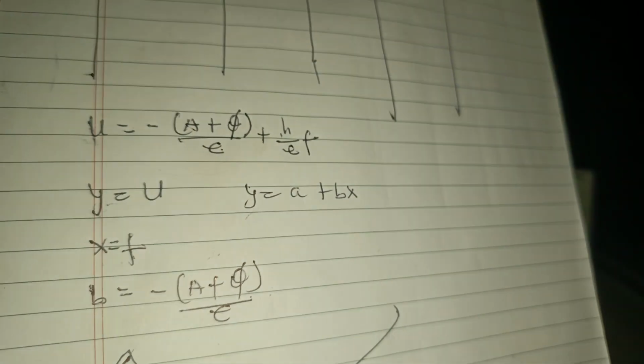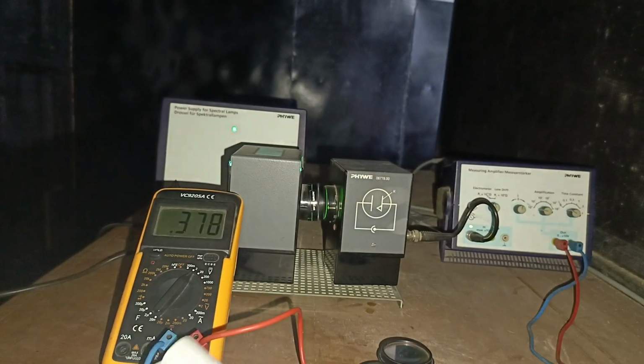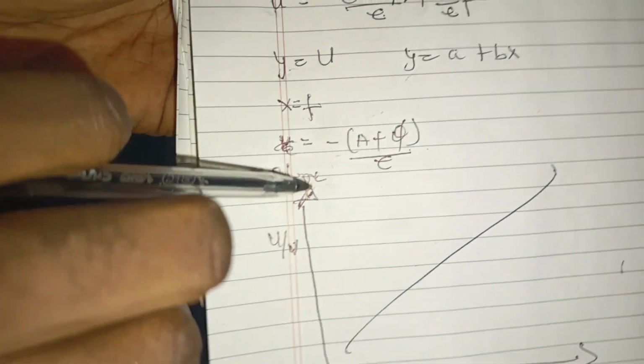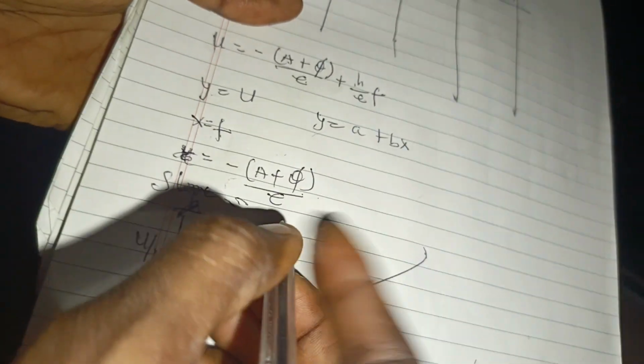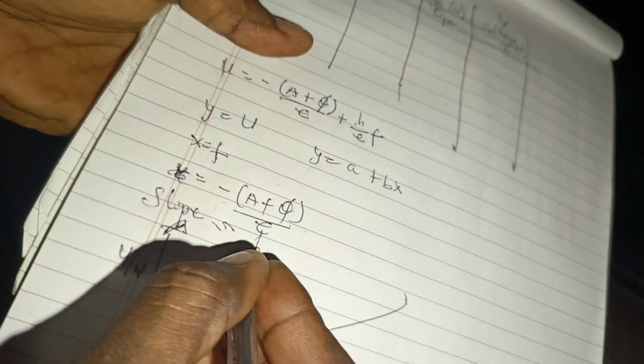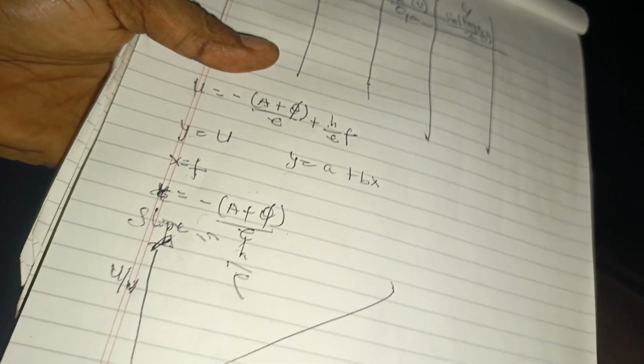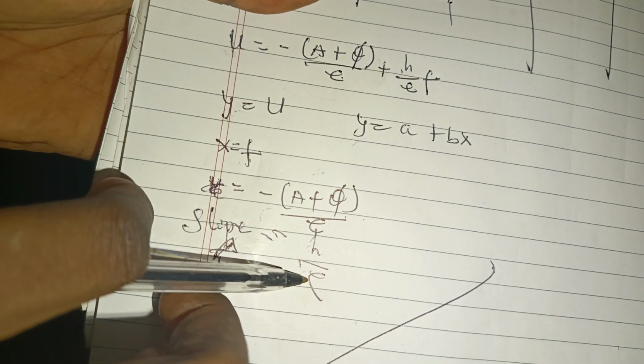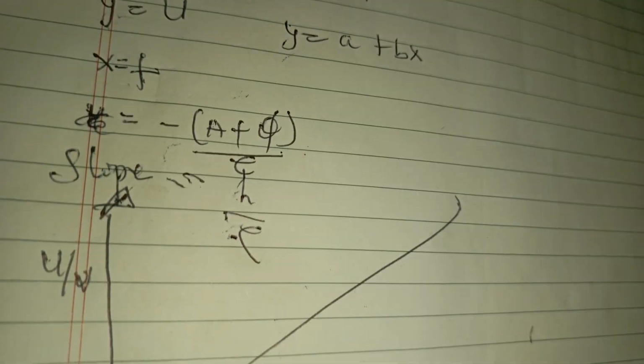Now, it means that our slope will be equal to h over E, where E is the electron volt.